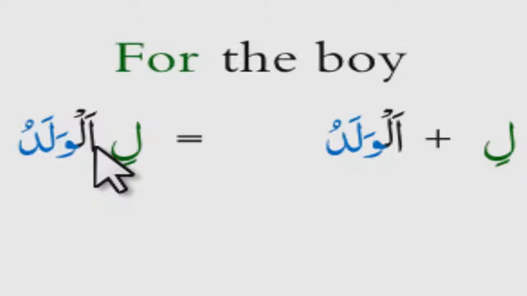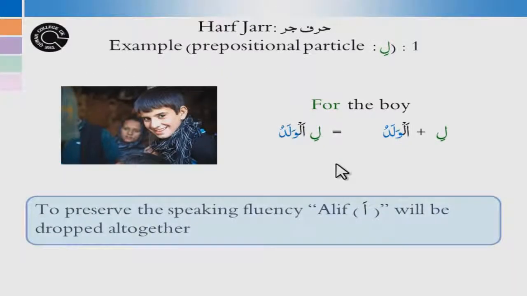The Arabic people just drop it and join this lam with the lam over there. So when this situation happens, you just drop the hamzatul wasl alif, because it affects the fluency. So it would be lil waladu, and now because there is a preposition particle before it, this will push it to the jar case, so it will be lil waladi.